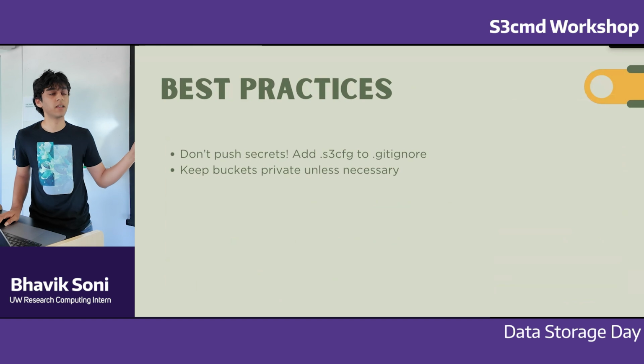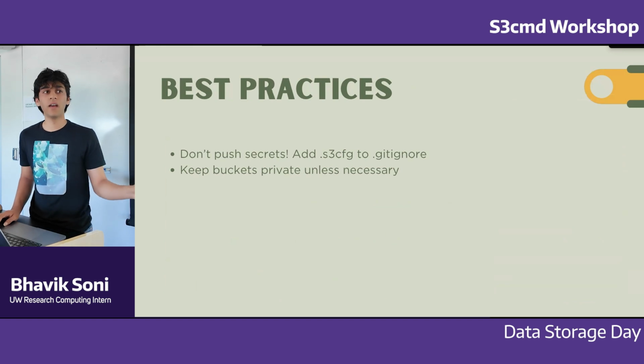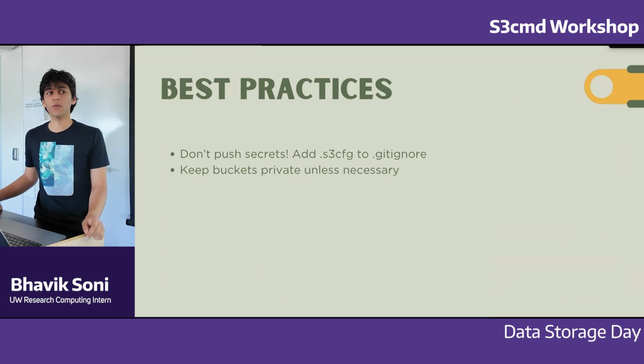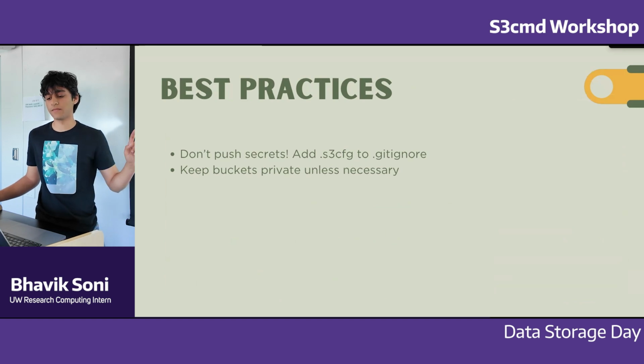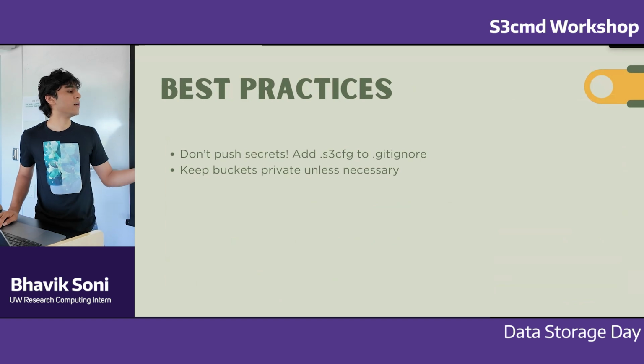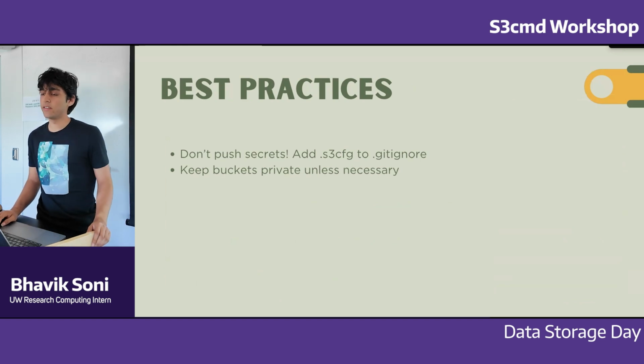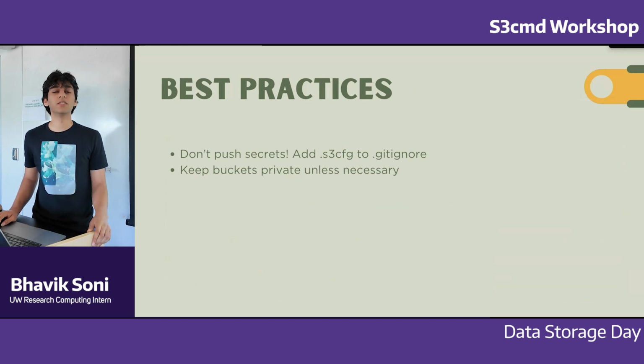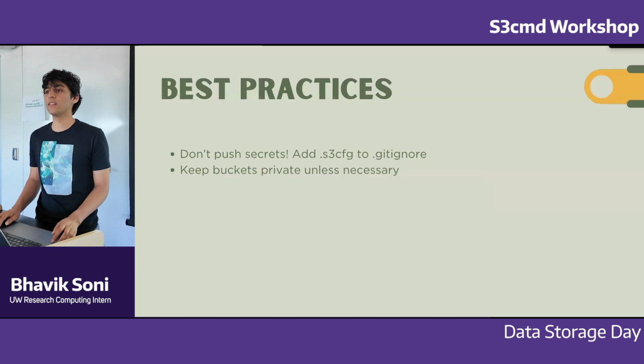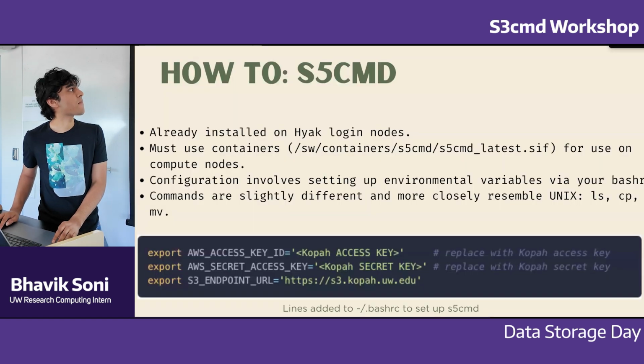Make sure that the config file that's in your home directory never gets anywhere. Those access codes and secret keys basically give access to your entire account. So keep those safe, and make sure that your buckets are private unless necessary, because someone can just go to a URL and find all your stuff.